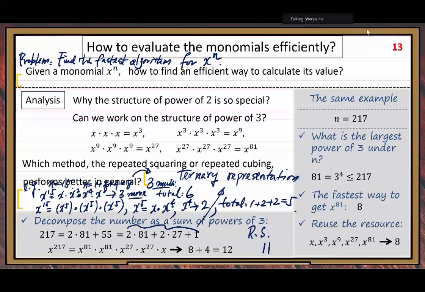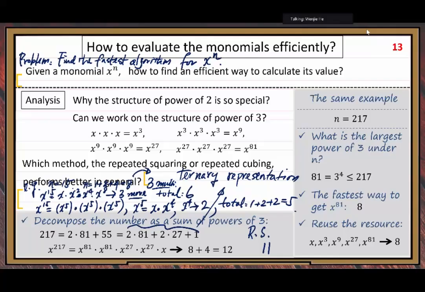If your n number is more friendly toward power of 3 representation, then repeated cubing is better. But the final best way, the fastest way, you should mix both. Sometimes you use repeated squaring. Sometimes you use repeated cubing. You mix them.